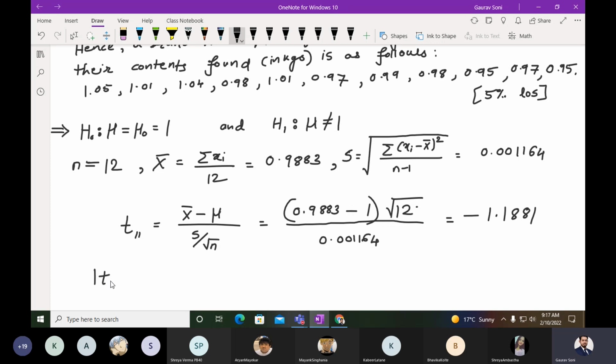So the mod of the t value is 1.1881. We'll look at the table value, t with 11 degrees of freedom, level of significance 0.05. So with this we are going to look into the two-tailed table. What is the two-tailed value here? That is 2.201, which is larger.